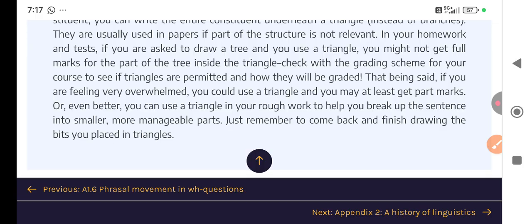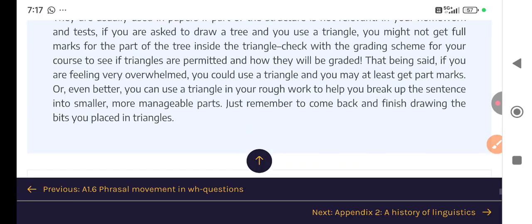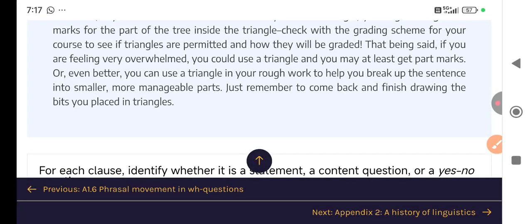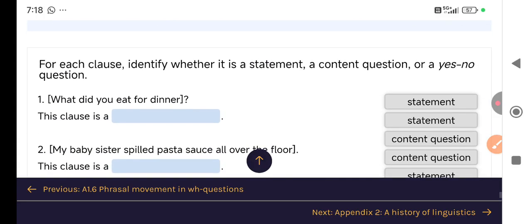Check with the grading scheme for your course to see if triangles are permitted and how they will be graded. That being said, if you are feeling very overwhelmed, you could use a triangle and you may at least get part marks. Okay, that is something about triangles, right?